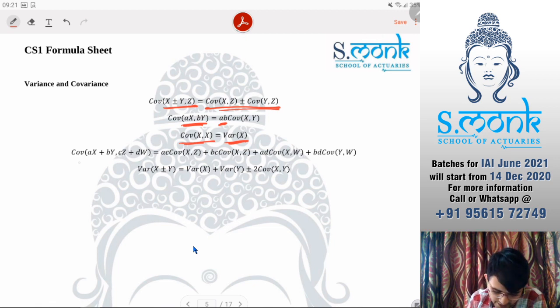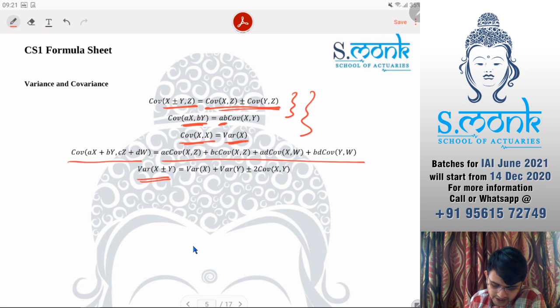Using these conditions, you can prove that the variance of x plus or minus y gives you the addition of both variances plus or minus 2 times the covariance. That is why if x and y are independent, the covariance becomes 0, and addition or subtraction will only give you the addition of variances. It's never subtraction of variances.